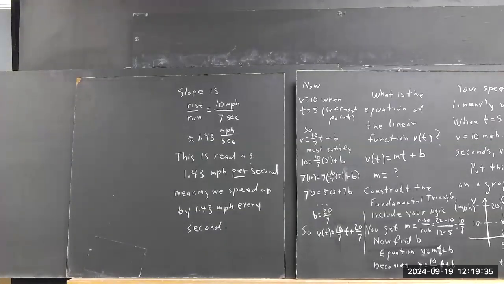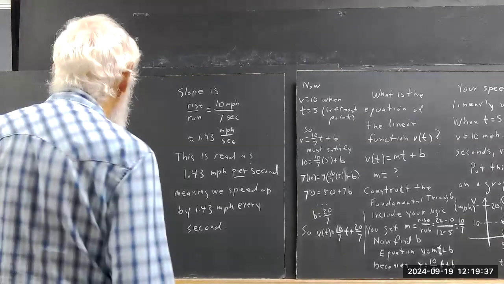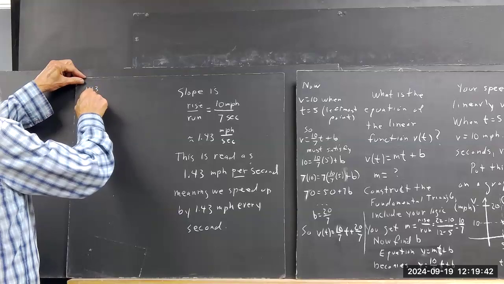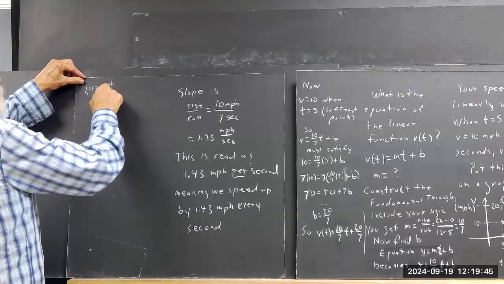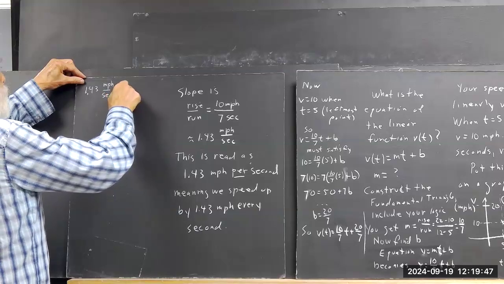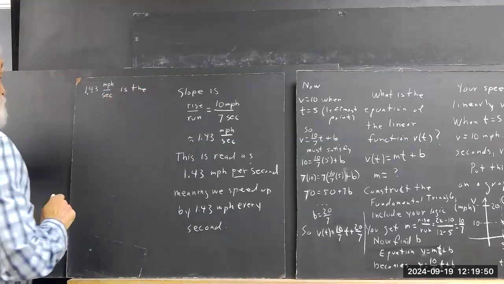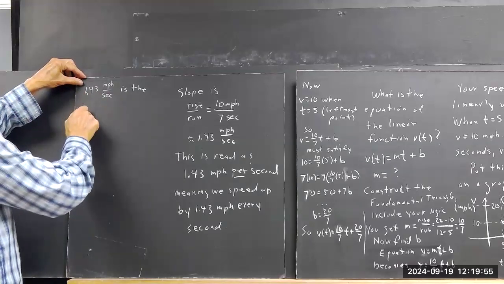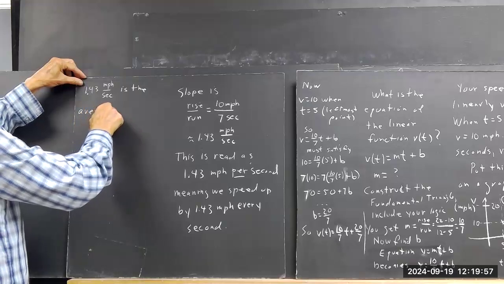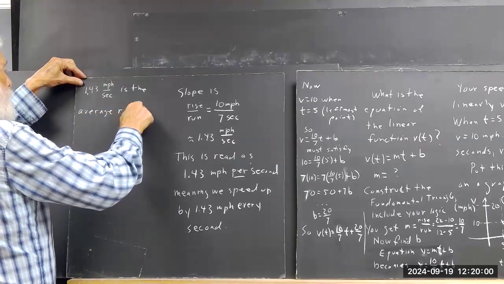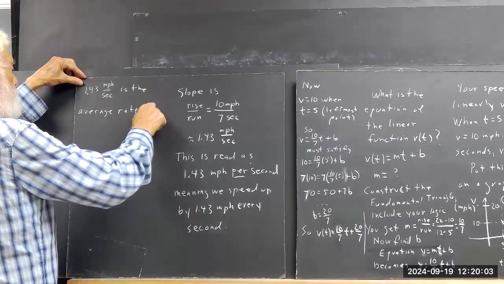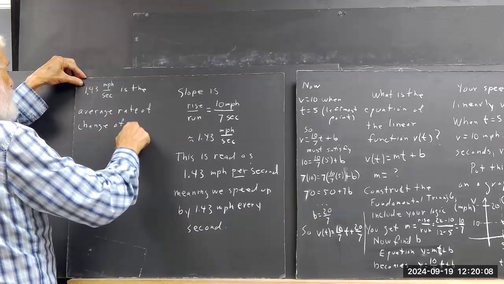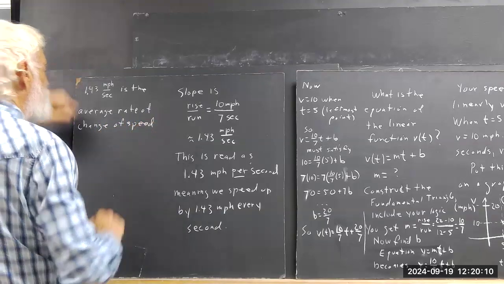Okay. And we put a word on it. Use words to describe. This is called the average rate. Average rate of change of speed.